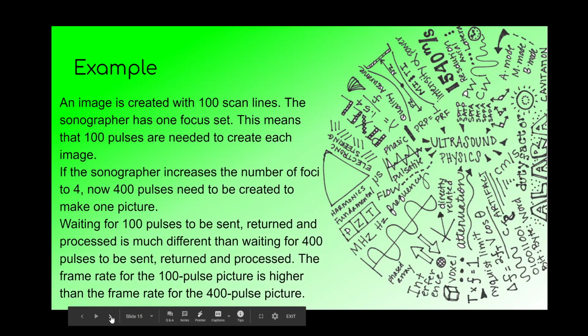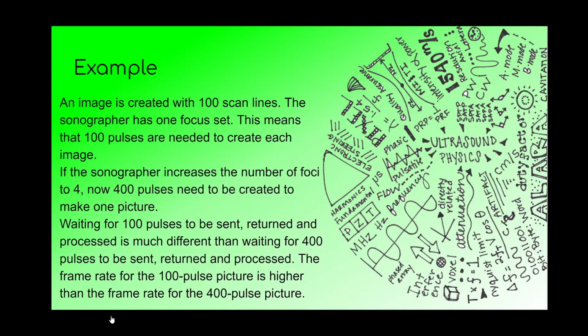So here we have an example. We have an image that's created with 100 scan lines, and the sonographer only has one focus set on the machine. This means that there are going to be 100 pulses needed to create the image.